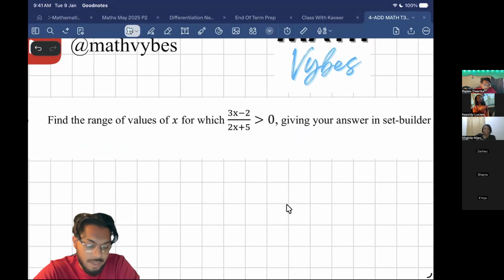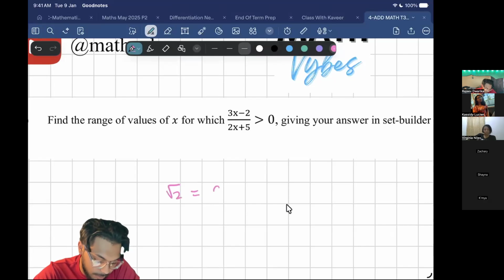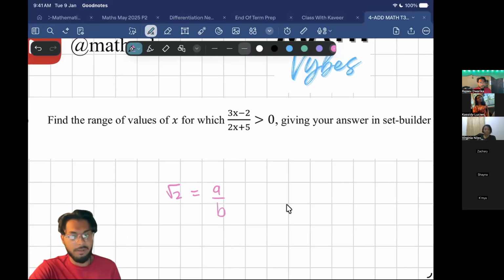So an example of something that is not rational would be like √2. You can't write √2 as a quotient of two integers. Let me explain. What about 0.5? I can write 0.5 as a quotient, 1/2.